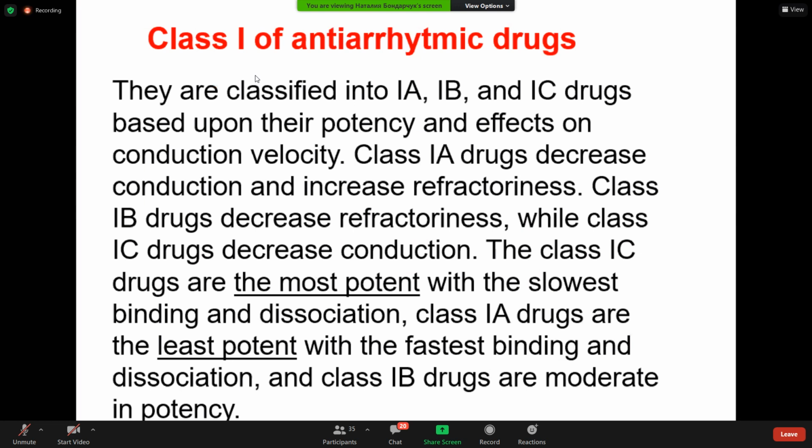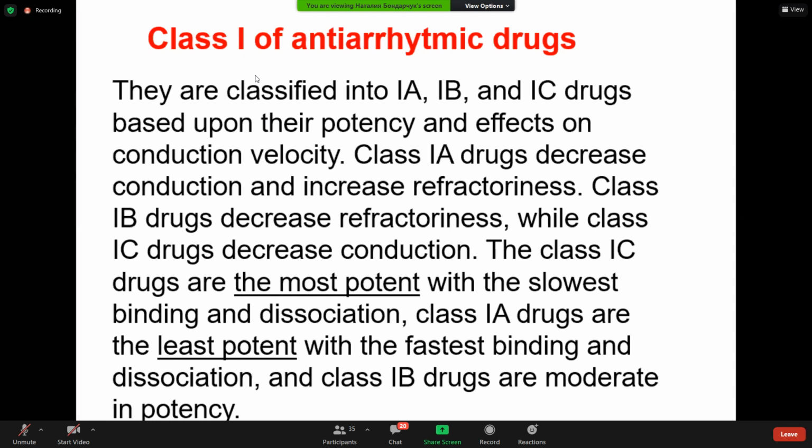So, characteristics of class 1 of antiarrhythmic drugs. The drugs of this class 1 are divided into 1A, 1B and 1C drugs based upon their potency and effects on conduction velocity. Class 1A drugs decrease conduction and increase refractoriness, that is, increase the duration of the third phase.